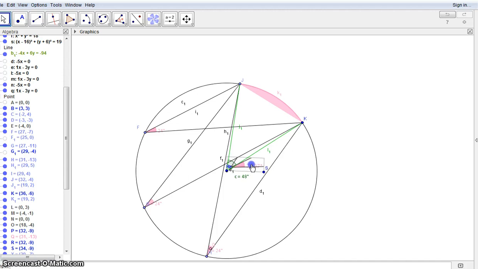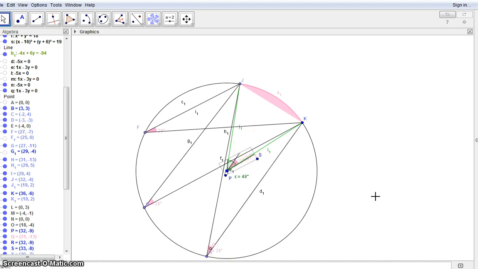What is the relationship there? Can I place these in such a way that we can see the relationship between the inscribed angle and the central angle?